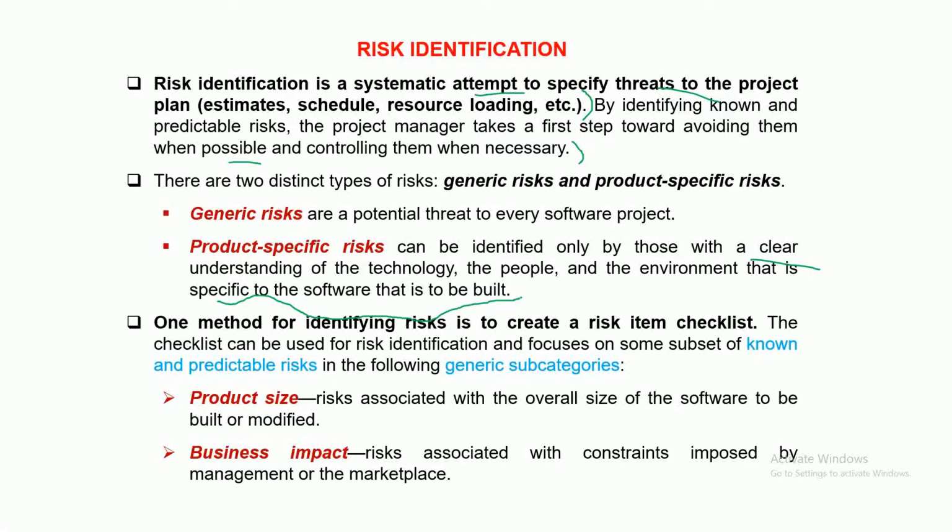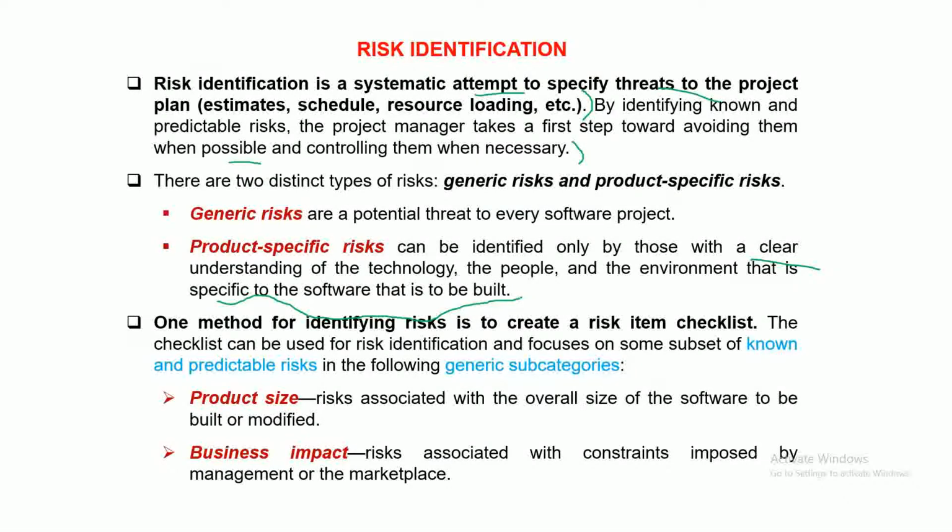These risks are not general in nature. General risk means everybody knows about it. If everybody knows about it, they can have a clear idea, they can estimate something about it, and all the preventive measures can be taken to avoid these generic risks.